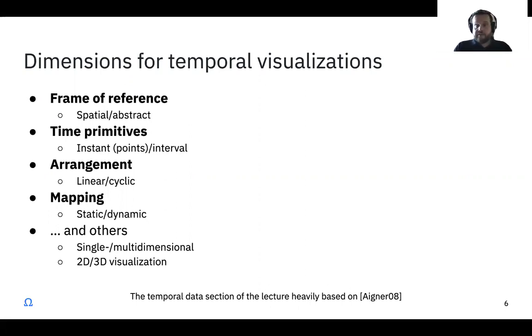Time primitives. So are we interested in specific points in time or intervals? Arrangement. Do we want to display time in a linear or a cyclic manner? And also the mapping, is it static or dynamic? And there are also other dimensions, such as do we have single or multi-dimensional data, or do we have a 2D or 3D visualization? But we've been over these aspects in previous lectures.